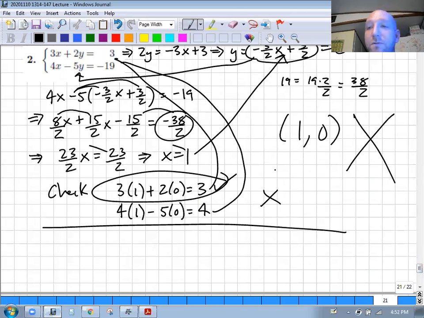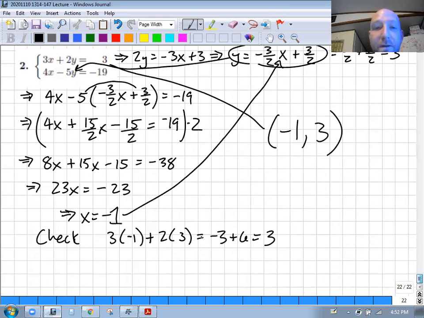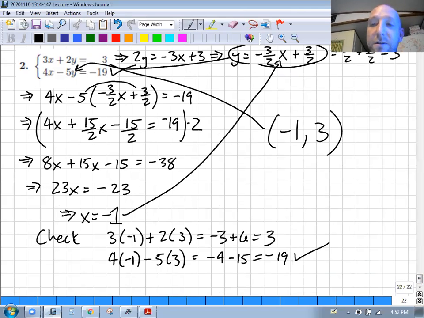That was just a total fluke. It happened to be on the same line. Okay. Now let's check the second equation. 4 times negative 1 minus 5 times 3. That's a negative 4 minus 15. That is a negative 19 right there. So this is our solution.